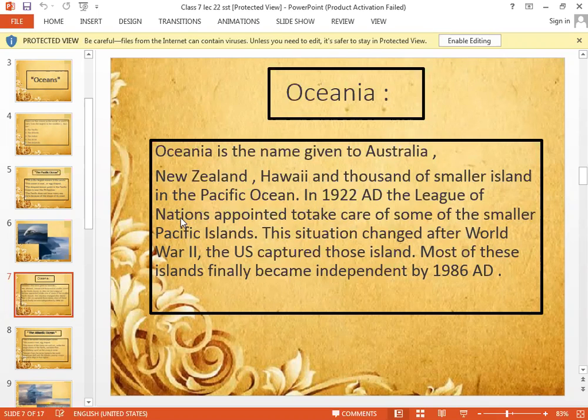So in 1922 AD, the League of the Nations was appointed to take care of these islands, and this situation changed after World War II, when the US captured those islands, and most of these islands finally became independent by 1986. So Oceania is the name given to Australia, New Zealand, Hawaii, and thousands of the smaller islands which are present in the Pacific Ocean.